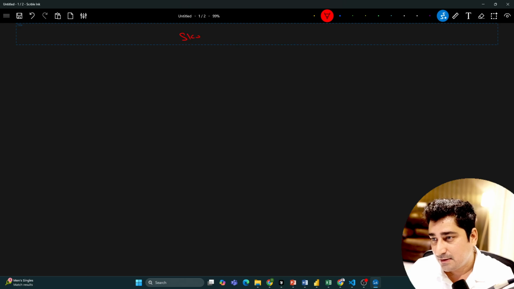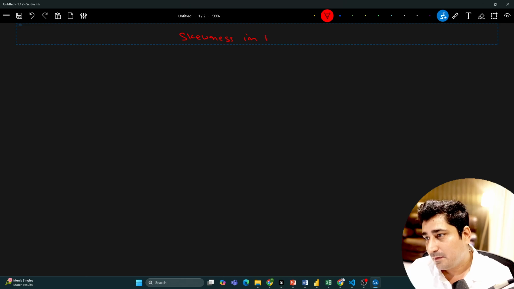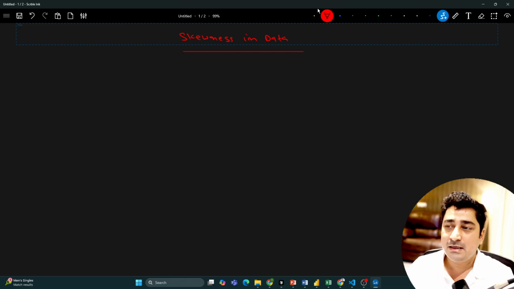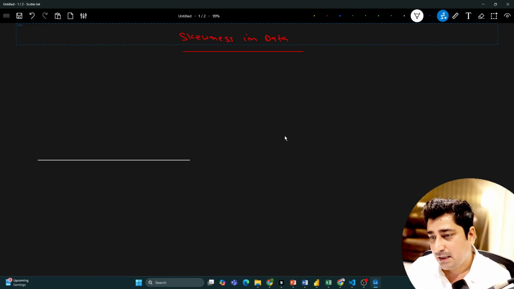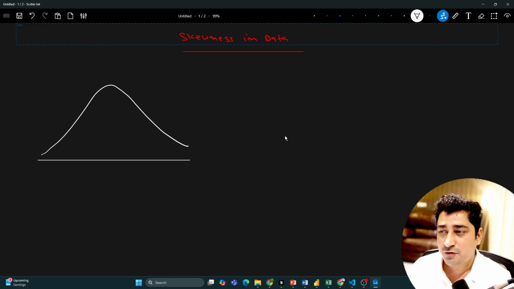So, skewness in data. In theory, skewness is going to measure how asymmetric my data set is, or how my data set has been distributed. You must have seen this kind of normal distribution curve.